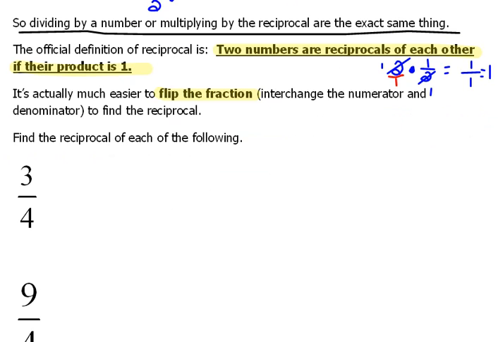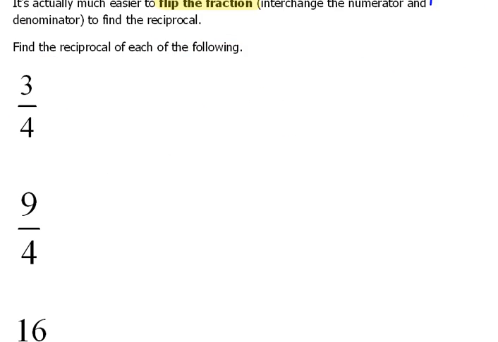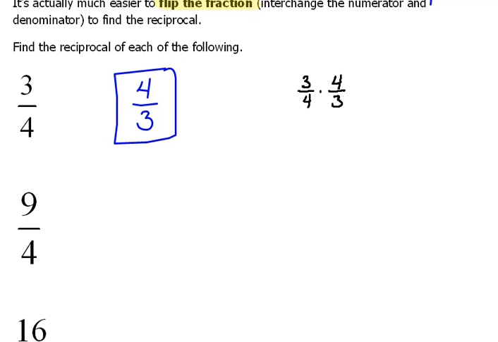Here we have the number 3 over 4, 3/4, and we want to find the reciprocal of it. Well, remember, the easier way to think about it is we just flip the fraction. So the reciprocal would be 4 over 3. And if you wanted to check that, you absolutely could, because 3/4 times 4 over 3, well, look what happens.